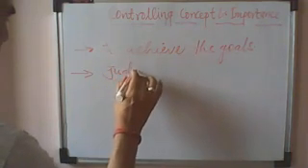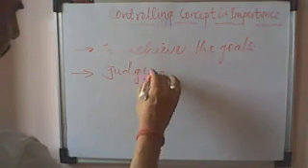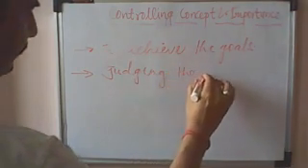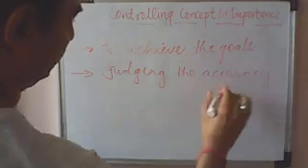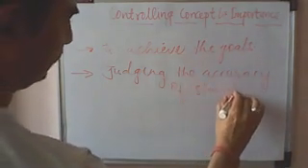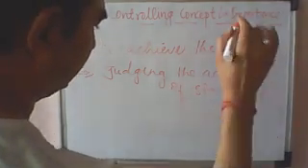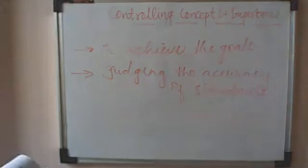Next is judging the accuracy of standard. An effective control system helps the organization to verify whether the standards set are accurate and objective.